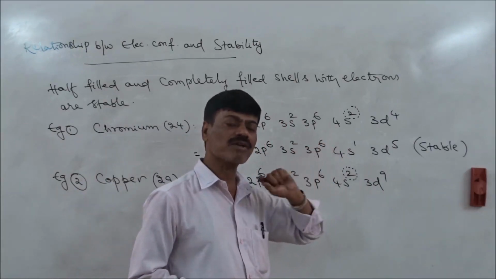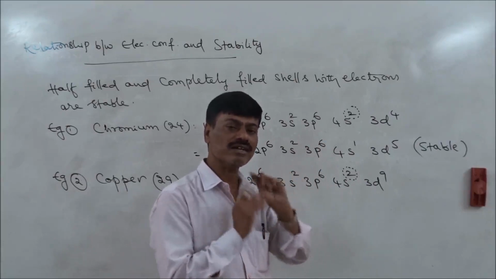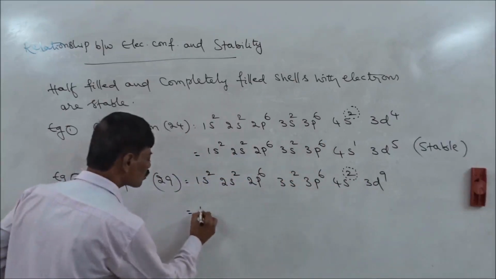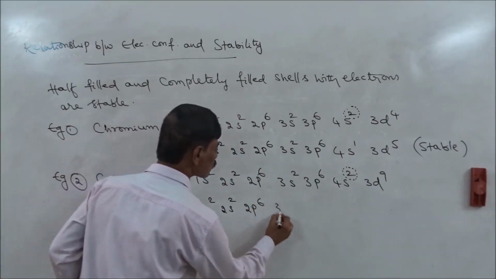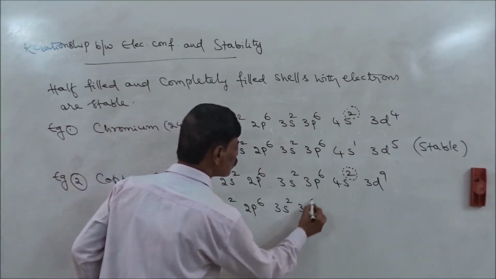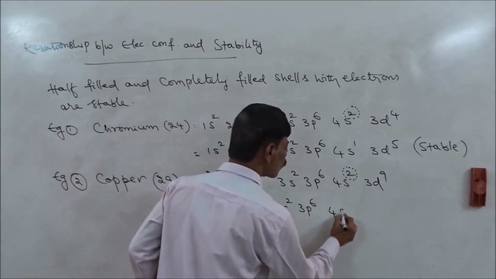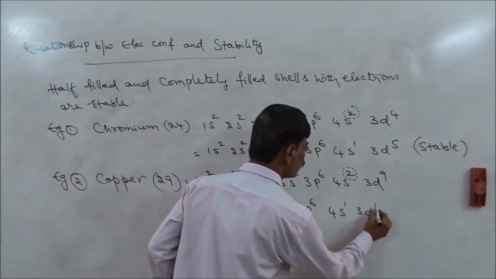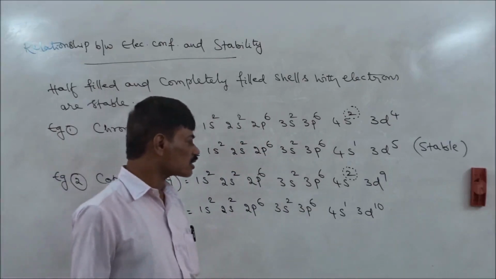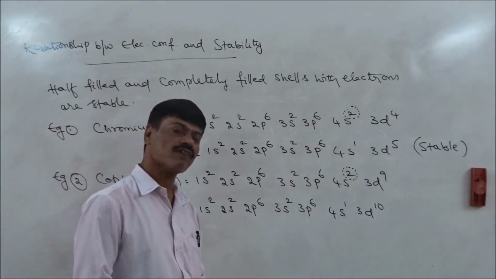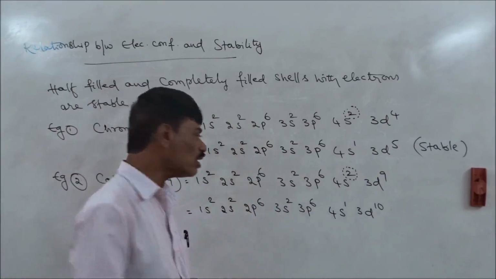Then 3d will become completely filled, 4s will become exactly half filled. So it will be like this: 1s2, 2s2, 2p6, 3s2, 3p6, 4s1, 3d10. Now, if we take 4s1 it is half filled, and 3d is fully filled.